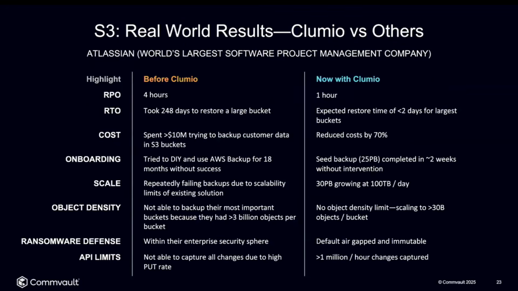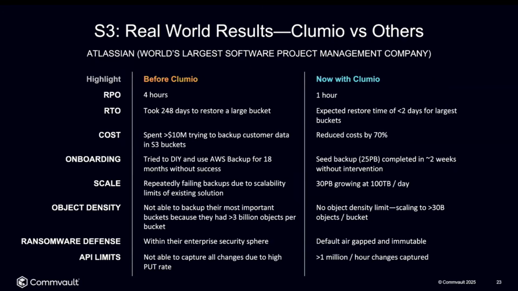All right. So let's take a look at a case study for S3. Atlassian, one of the world's largest software project management companies, were struggling with their S3 backups. At that time, they had 30 billion objects in a single bucket. Their RPO was about 4 hours, and they were taking about 248 days to restore a single bucket.